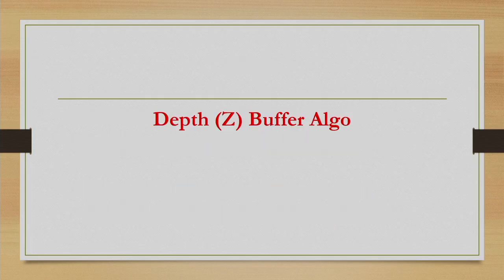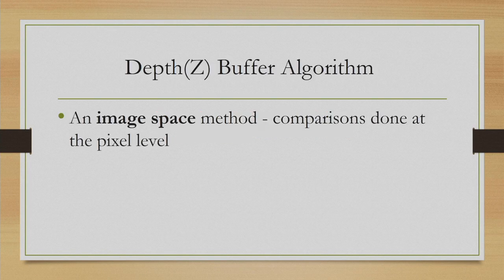Let us discuss one of those methods, that is the depth buffer algorithm, also known as the Z buffer algorithm. Now, this algorithm is an image space method. That means, here we perform comparisons at the pixel level. So, we assume here that the surfaces are already projected on the pixel grid, and then we compare the distance of the surface from the viewer position.